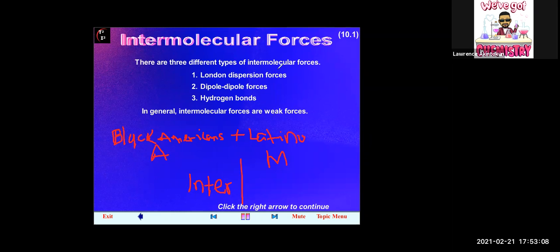So intermolecular force is the forces between two different molecules, okay? Between two different molecules of the same type. Remember, this is a human, this is also human. So that is intermarriage, but different ethnic group, different background. That is intermarriage, intermolecular forces. That means between two different molecules of the same type.